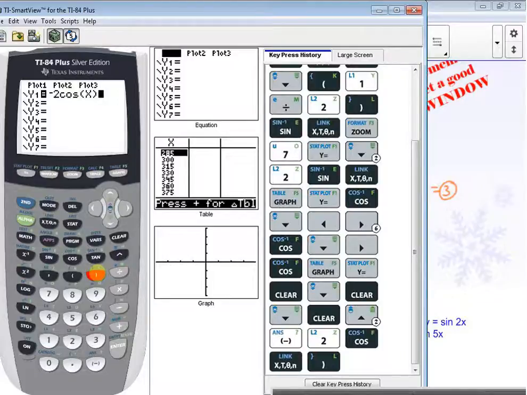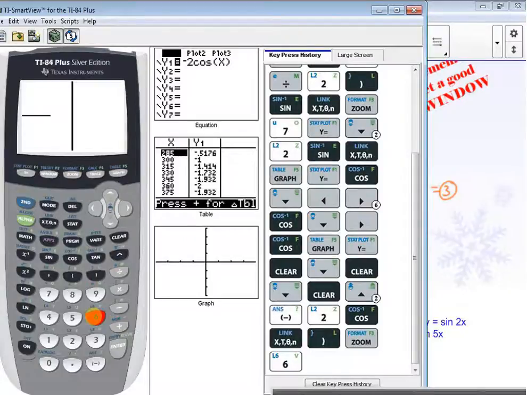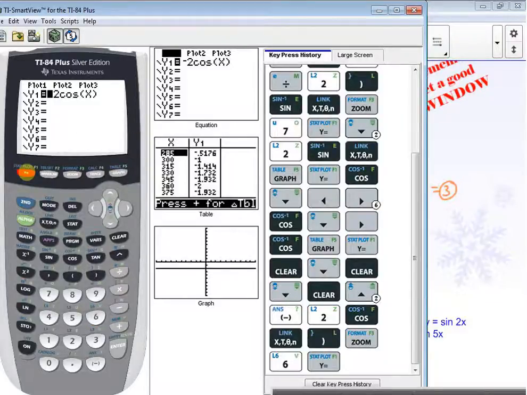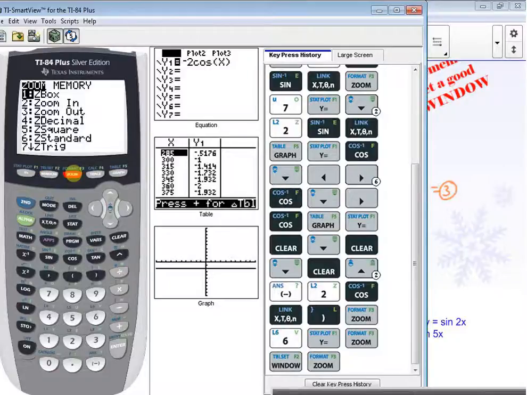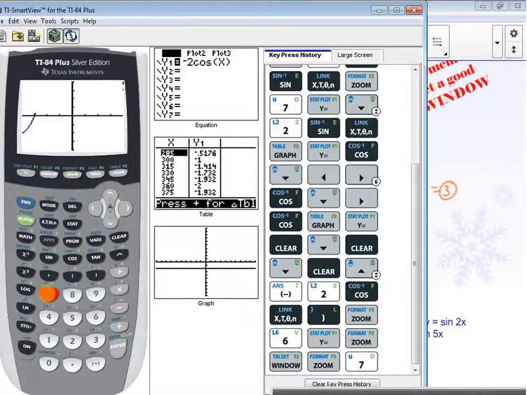Well, you really don't refer to distances as negative. Ooh, I have an error there. I did something wrong. Okay, so let's see. It's my window. I wanted to go to zoom 7. I think I went to zoom 6. There we go.